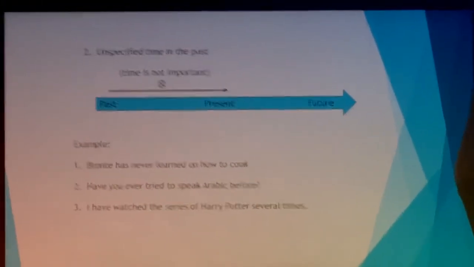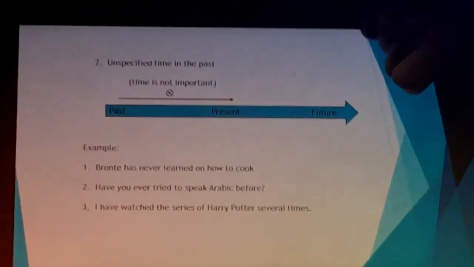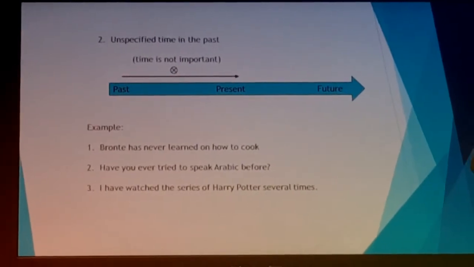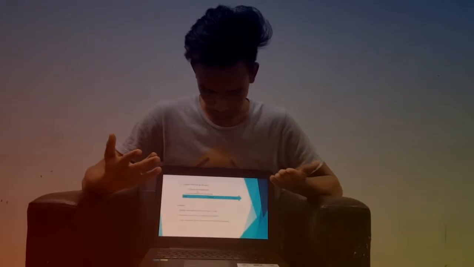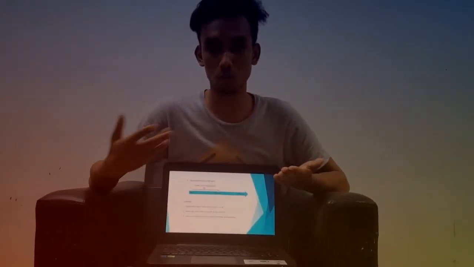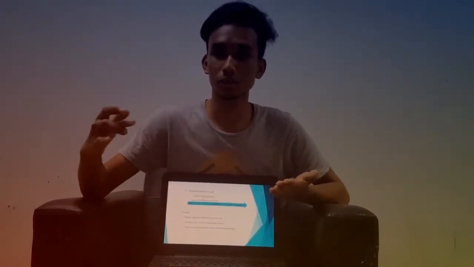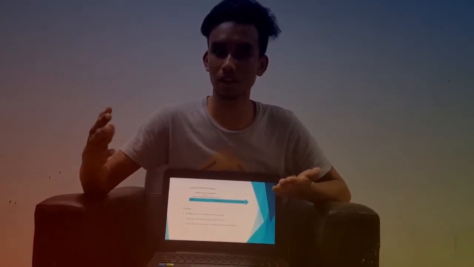For example, the first example is: Bronte has never learned how to cook. The second example is: have you ever tried to speak Arabic before? And the third is: I have watched the series of Harry Potter several times. For the third example, it means that you have watched the series, but you still rewatch it again until now.